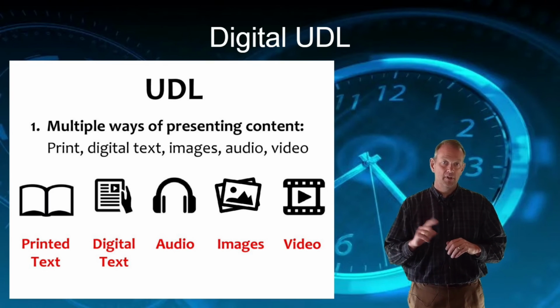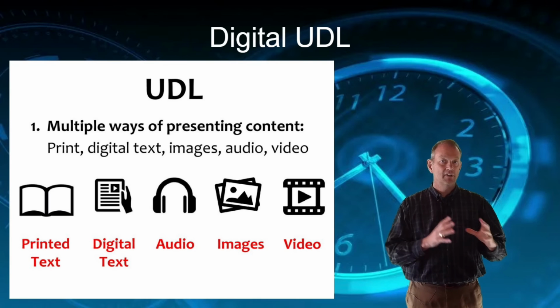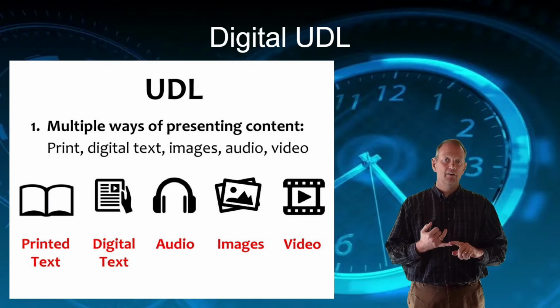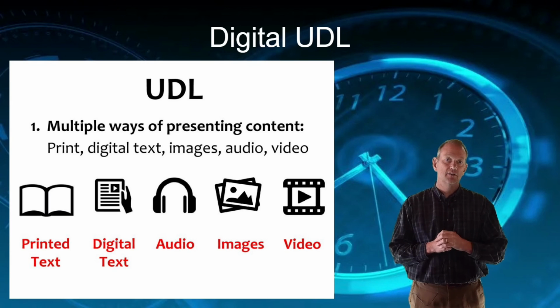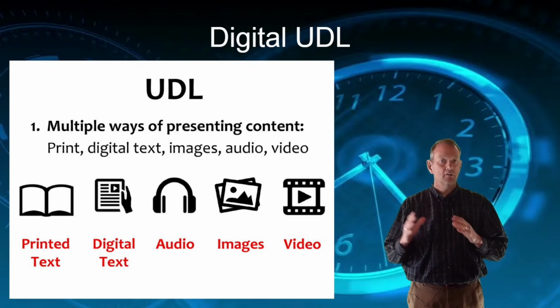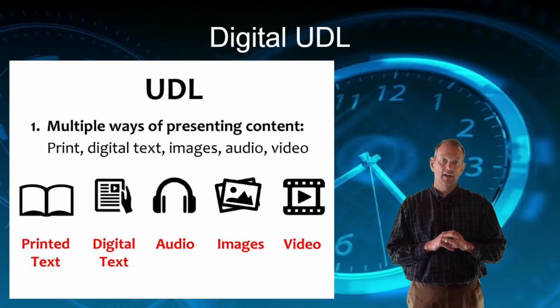Only 1 of them is something that you send a textbook home for. So by doing the video and adding your text to your website, you've just added video, you've just added images, you've just added audio, and you've added digital text all together to make your class more UDL compliant, giving your students more of a chance to succeed in your class.